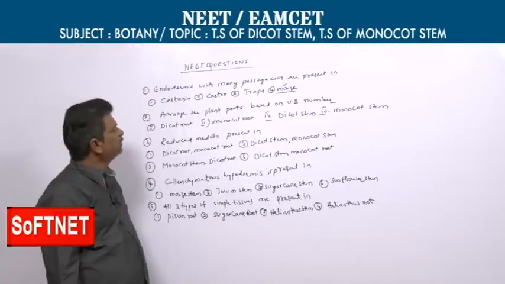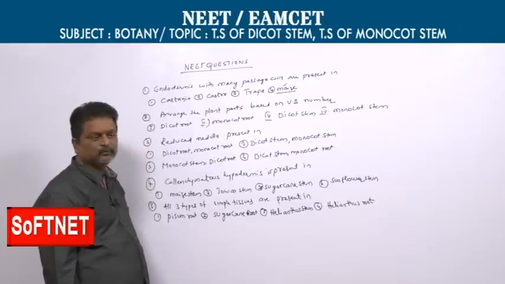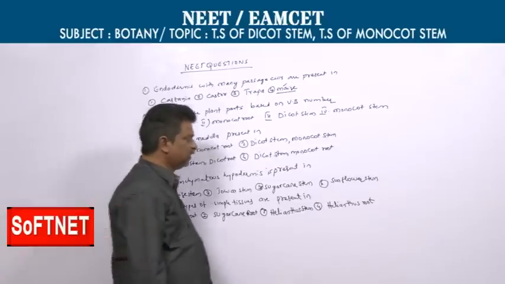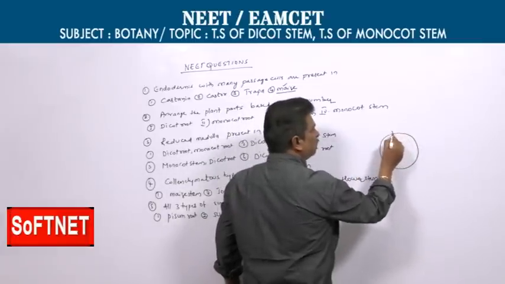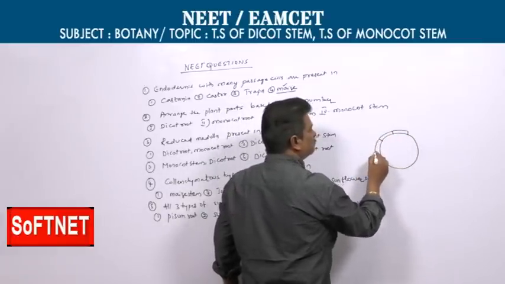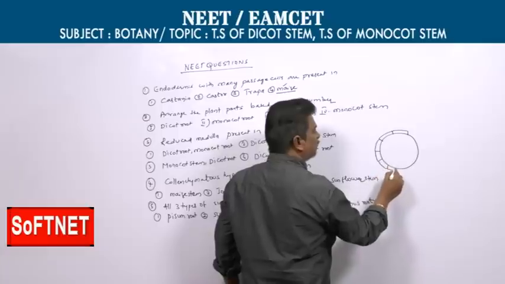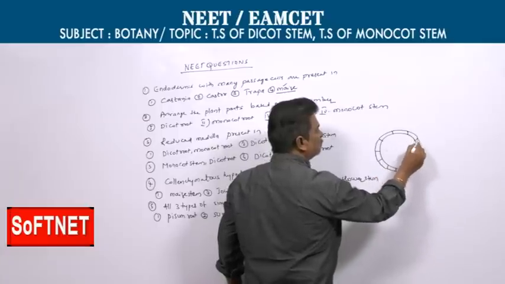Endodermis with many passage cells is present in... actually, the answer is maize. What is a passage cell actually? Passage cell means your endodermis contains Casparian thickenings.